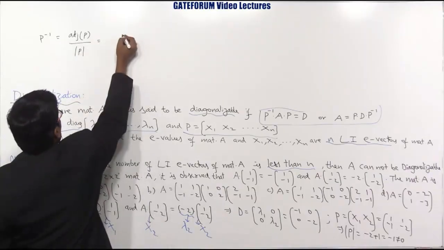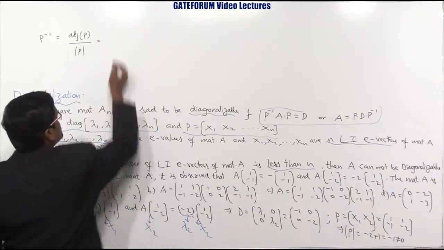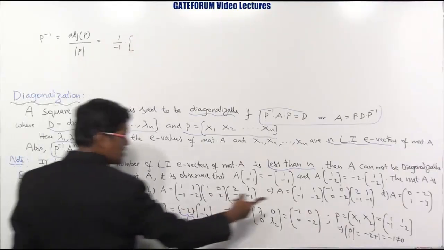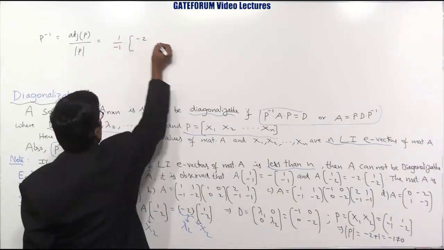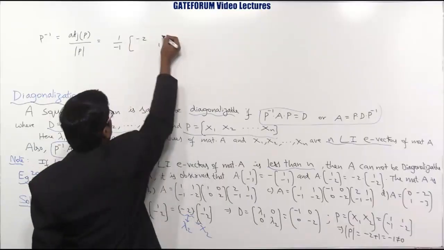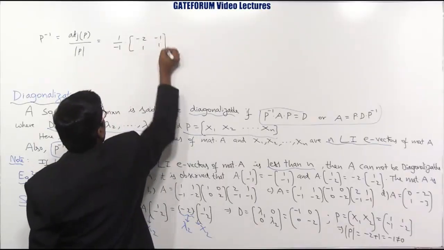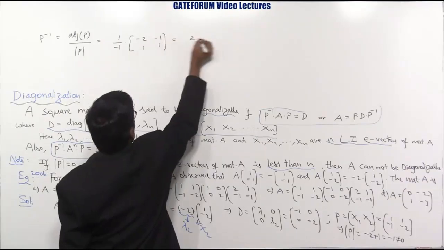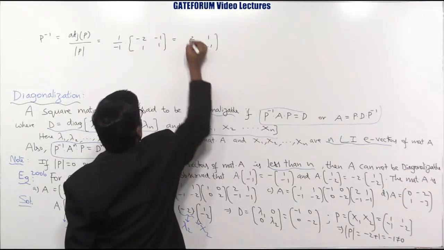So 1 by det P is 1 by minus 1 into the adjoint of this matrix P: interchange the diagonal elements, and the non-diagonal elements are multiplied by minus. This minus is multiplied by each and every element, giving 2, 1, minus 1, minus 1. This is P inverse.